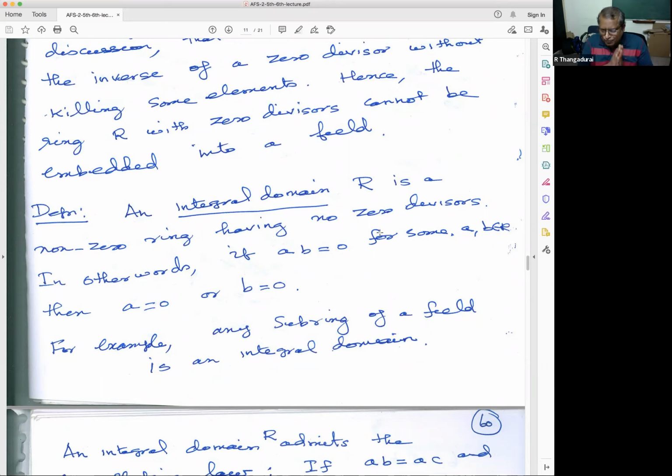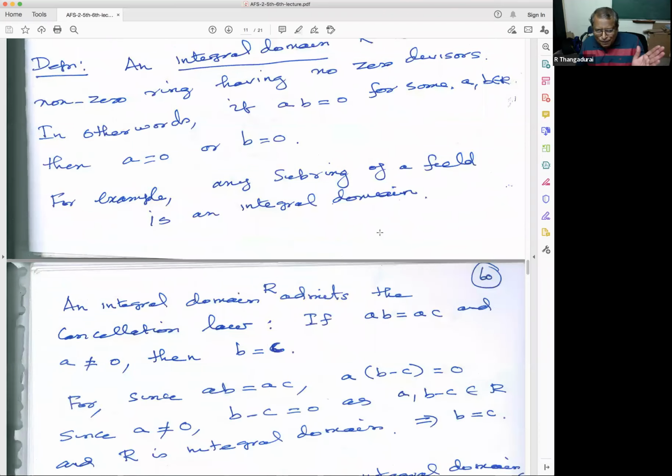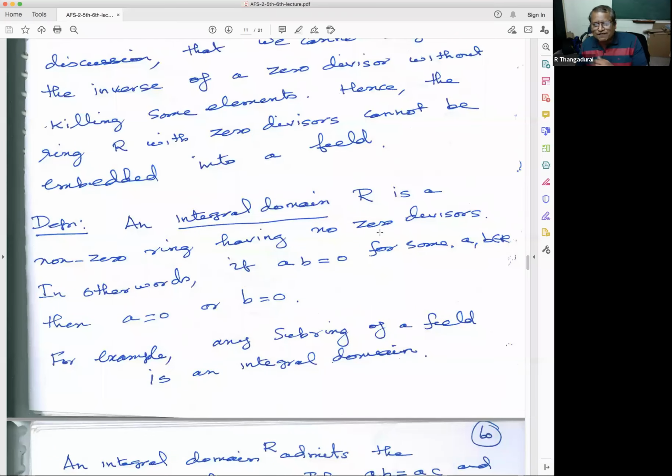That gives a problem. Why? Because if we take that extension, it may not even contain the base ring, and we cannot put it inside a field in general.